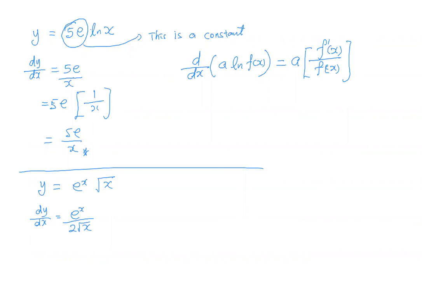That's all? No, some more. Plus root x, e power x. So this is using what rule? Using the product rule, correct? So this is your u, this is your v.